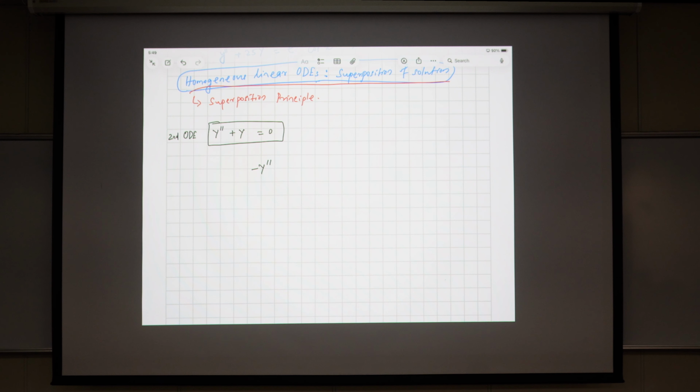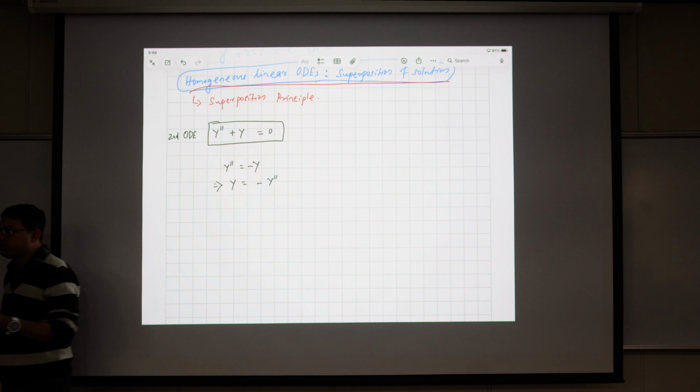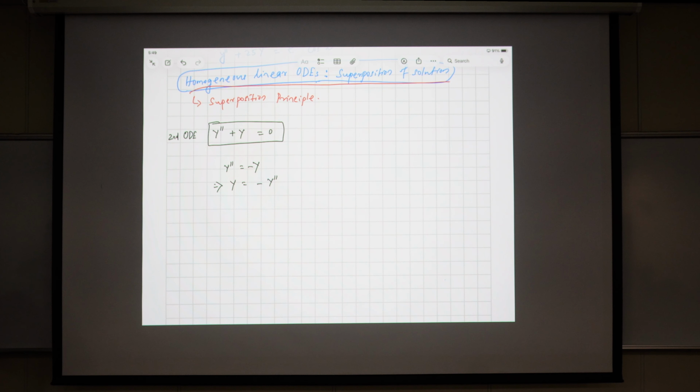What exactly is this? y double dash is nothing but minus y. So y is nothing but minus y double dash. So what is the value of y that satisfies being the negative of the double derivative of y?